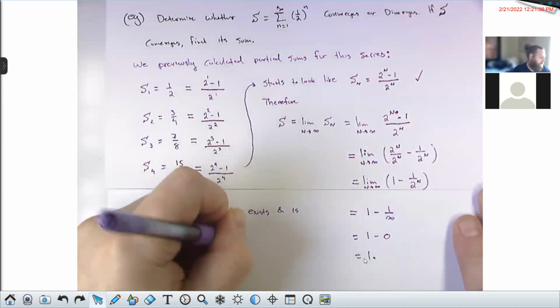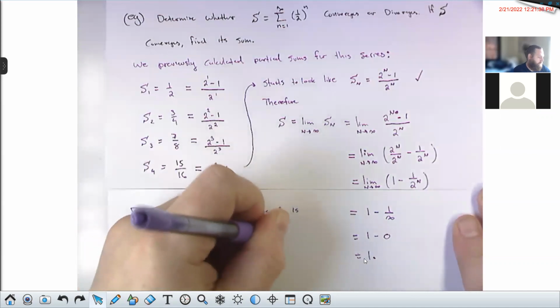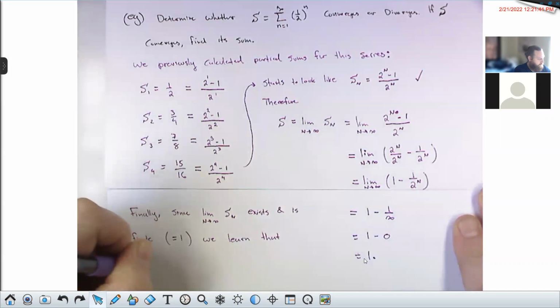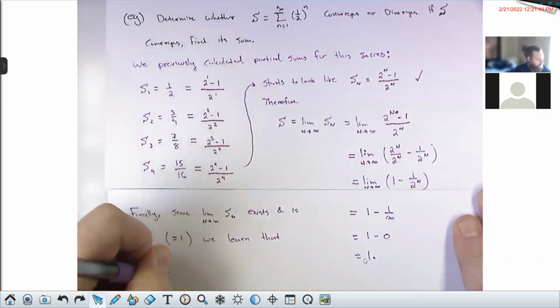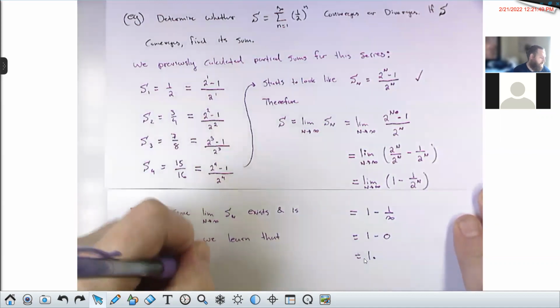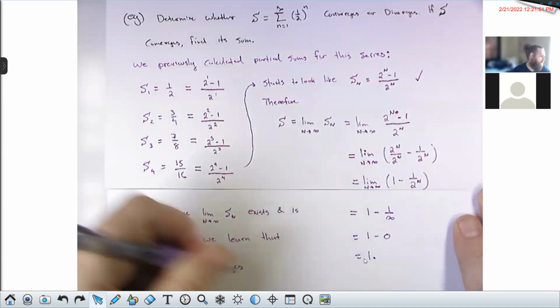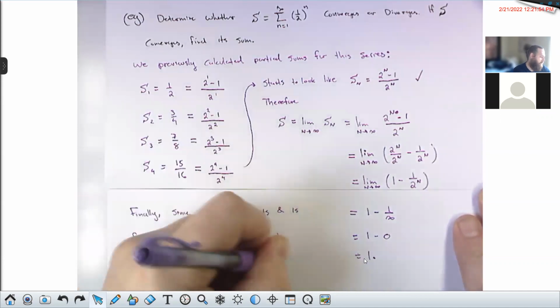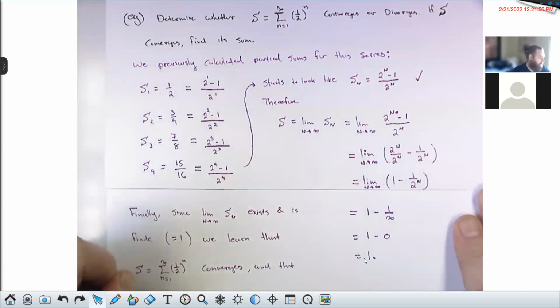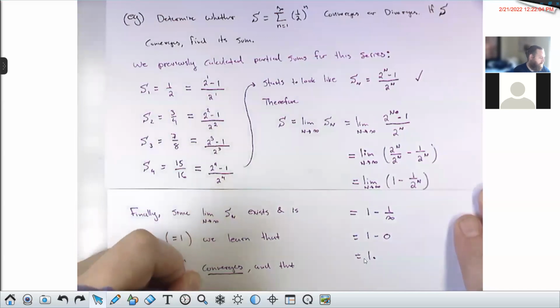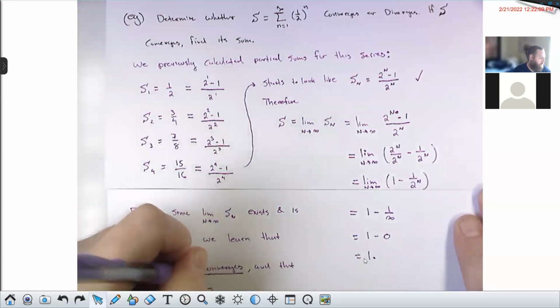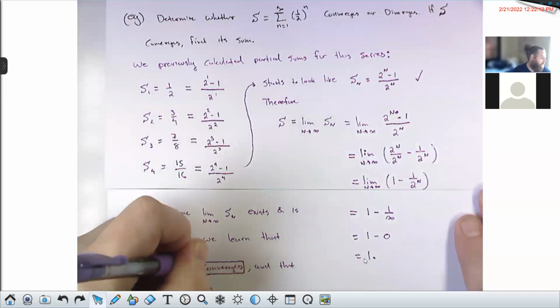We learn that the series S equals sigma n from 1 to infinity of 1 over 2 to the n converges, and that its sum is 1. Another way to say this is that the series converges to 1.